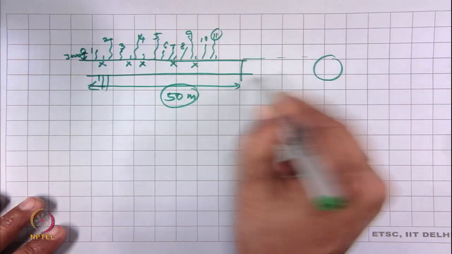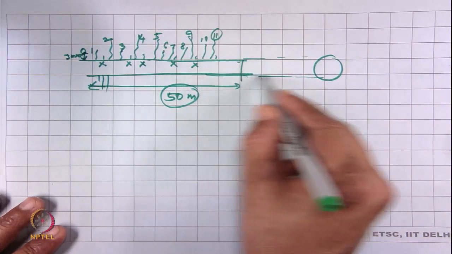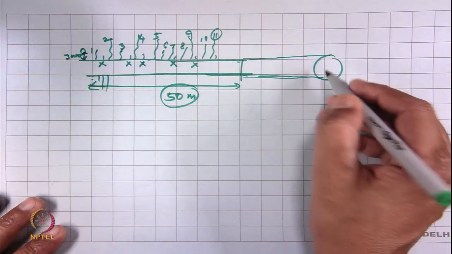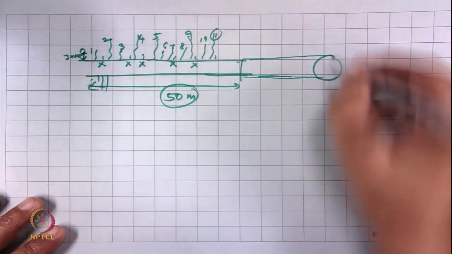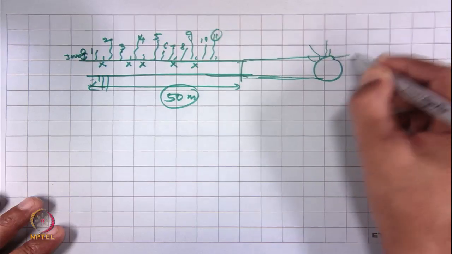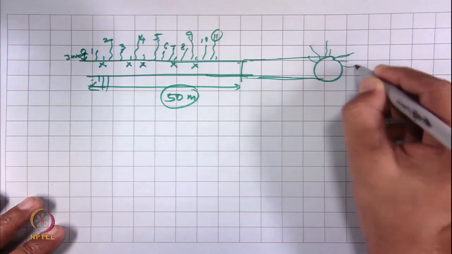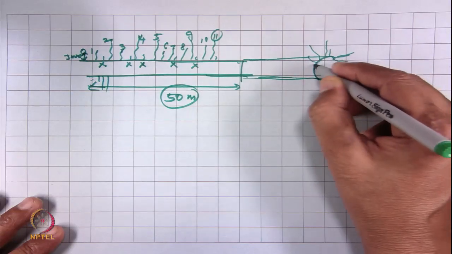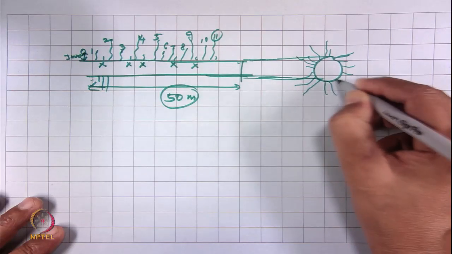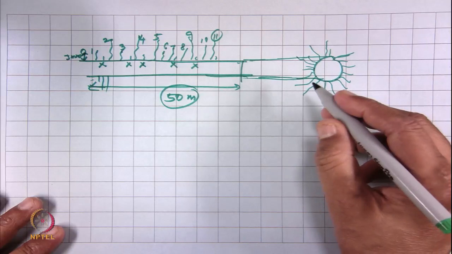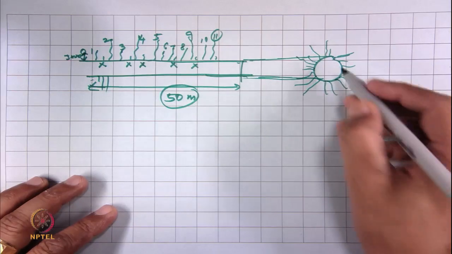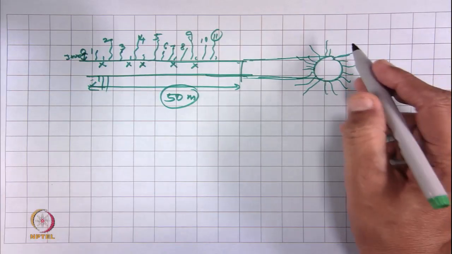Suppose we draw this yarn cross section. Now, the hairs are like this. Hairs are not in a particular direction; these hairs are covering the entire surface.